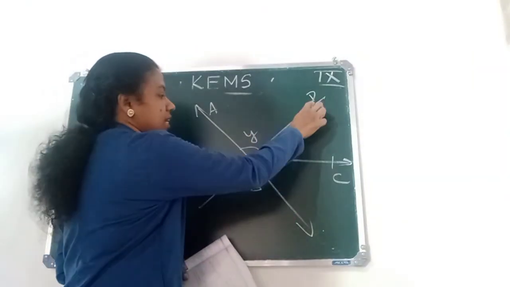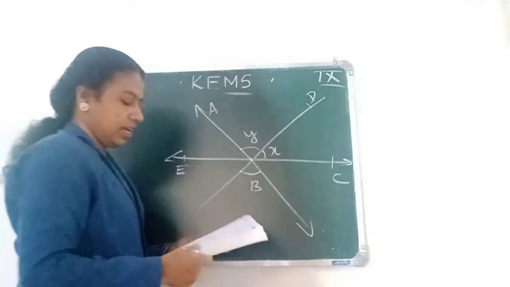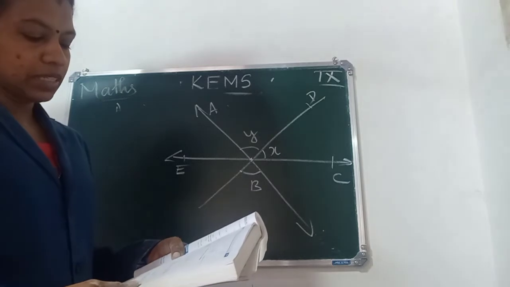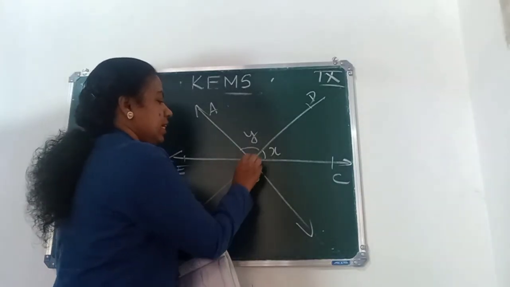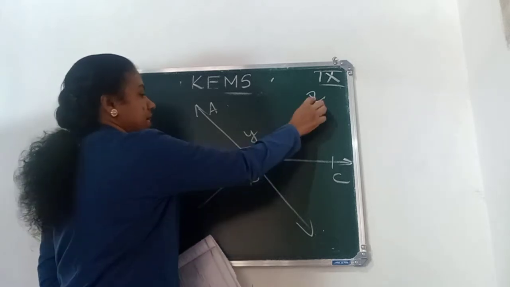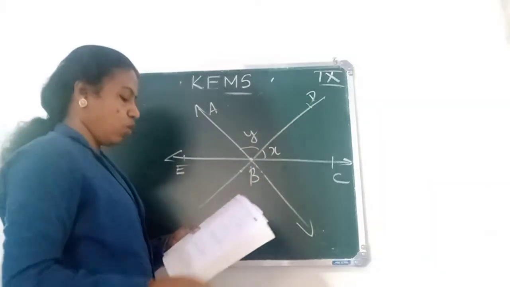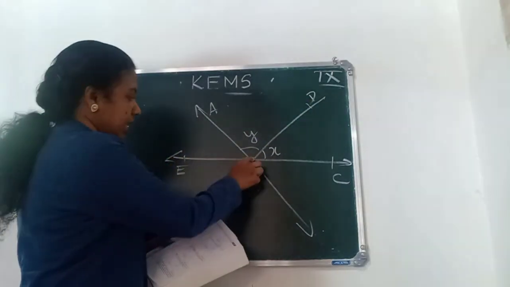Clear? This angle DBC equals x, DBA equals y, and this is given EB.